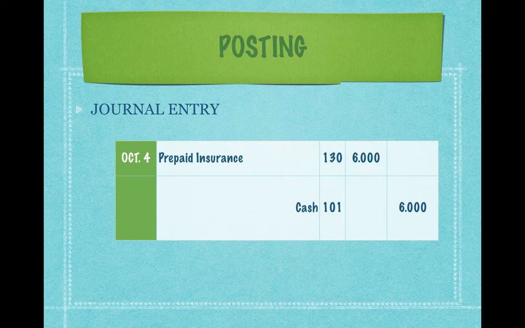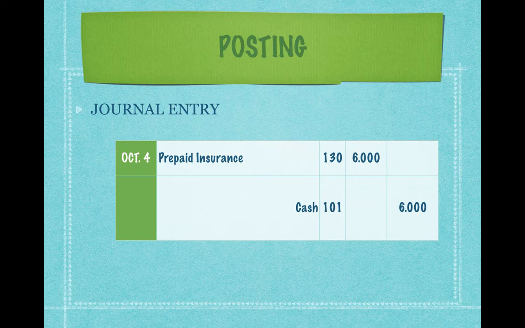We can see here that there is an increase for prepaid insurance and there is also a decrease on cash, meaning that we have paid for insurance, we have spent money for insurance around 6,000 US dollar.